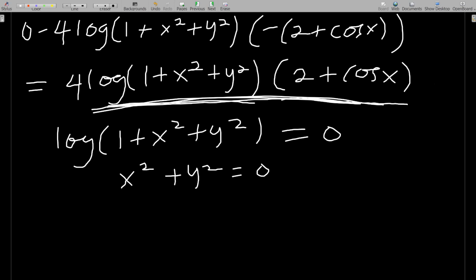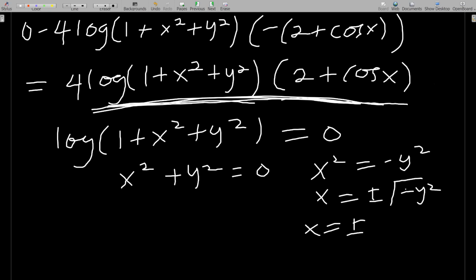If I do this, then we are talking about the xy plane, so we shouldn't go beyond the xy plane. If we were talking about a complex plane, then we can do x squared equals minus y squared, and x is equal to plus or minus the square root of minus y squared, which will give us plus or minus yi.